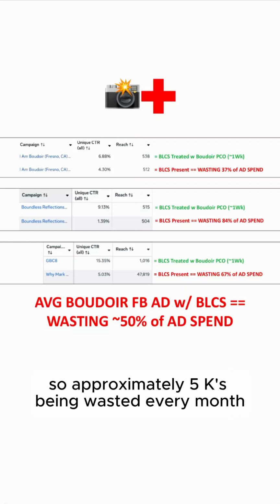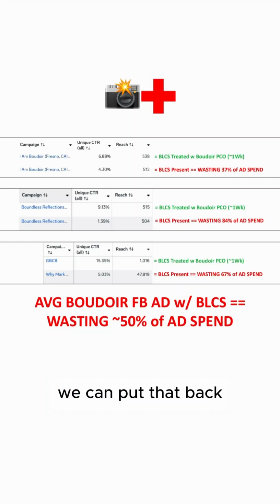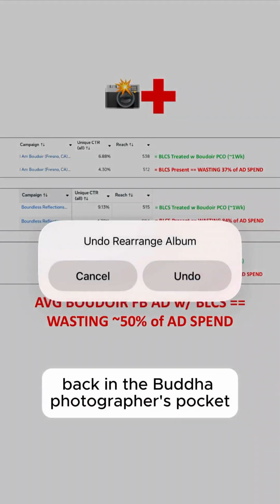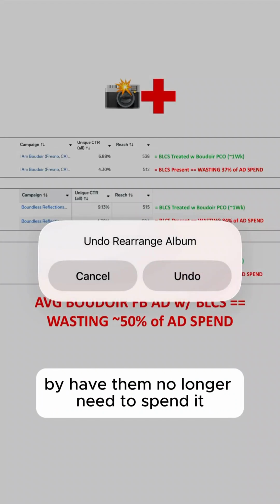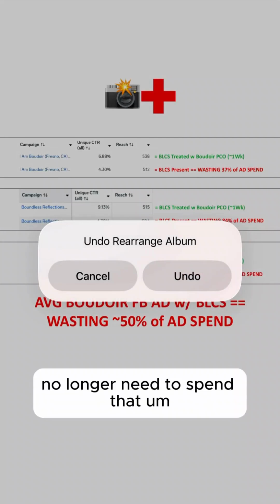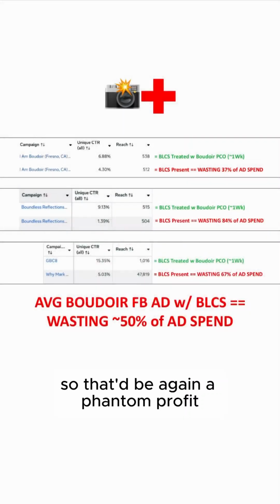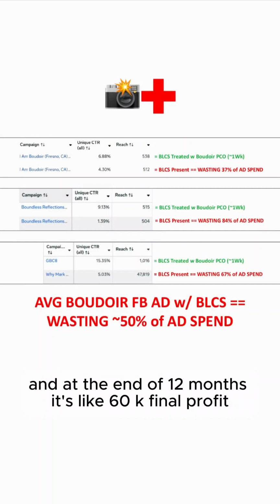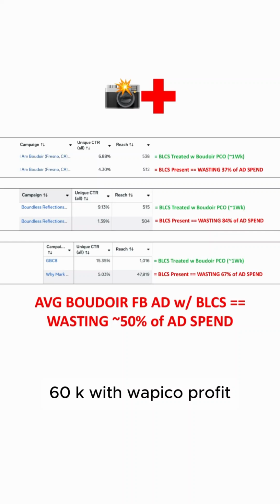So approximately 5K is being wasted every month. We can put approximately that amount back in the Boudoir photographer's pocket by having them no longer need to spend it. So it'd be, again, a phantom profit, like a Boudoir Pico profit. And at the end of 12 months, it's like 60K phantom profit, 60K Boudoir Pico profit.